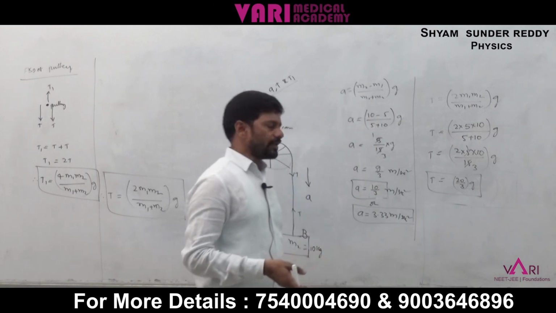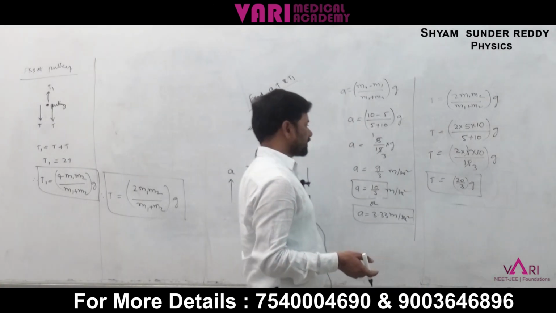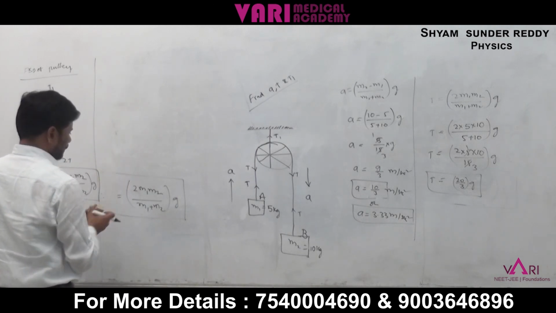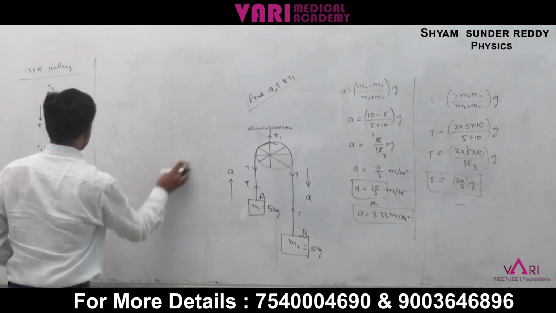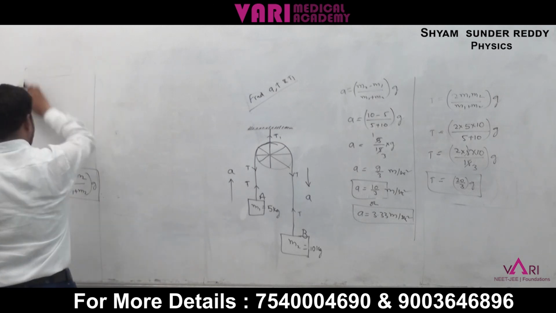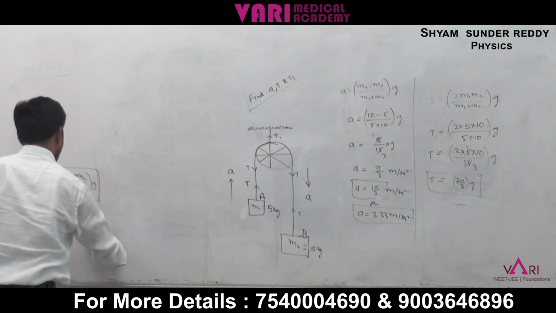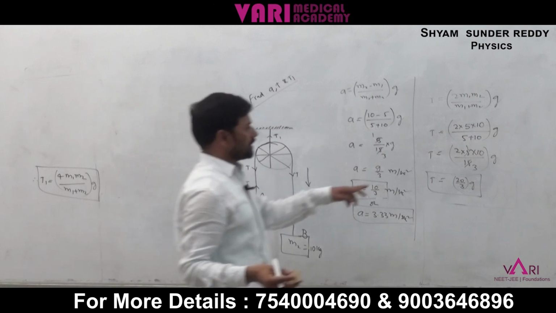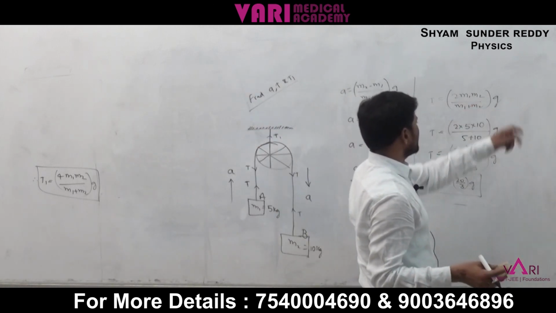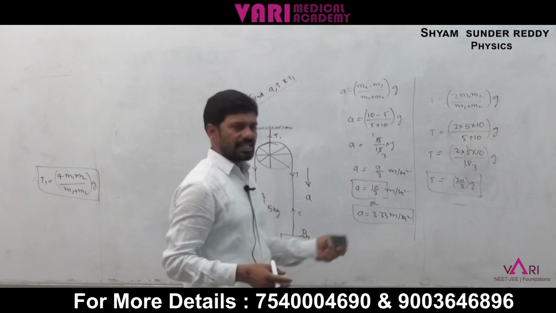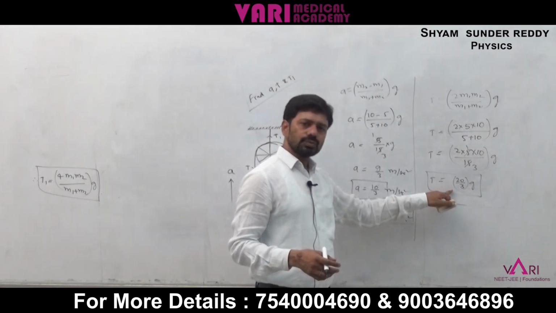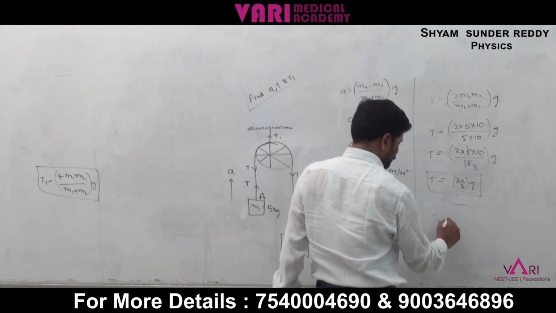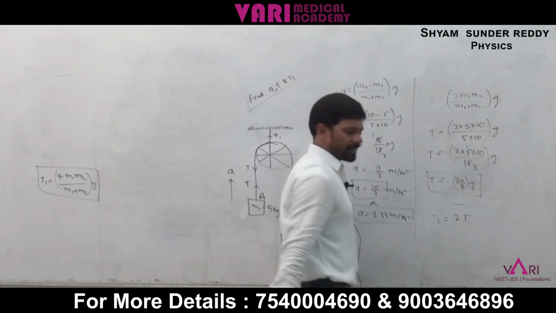If you substitute the g value also, then we will get a different answer. And finally T1. T1 is equal to what we have? T1 is equal to 4m1m2 by m1 plus m2 into g. This is 2m1m2 by m1 plus m2 into g. Just multiply with 2, then we will get T1.